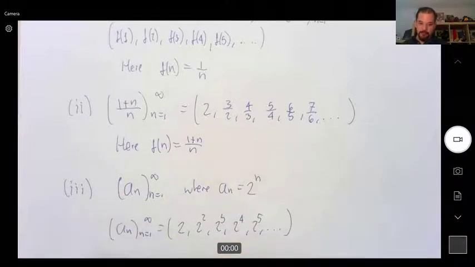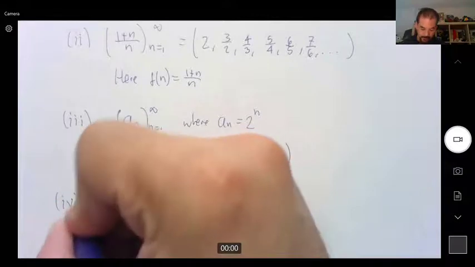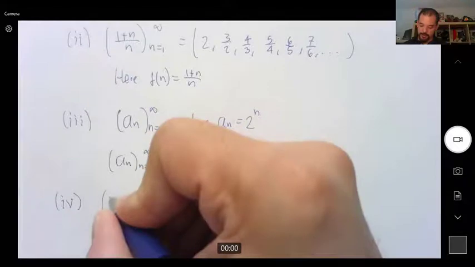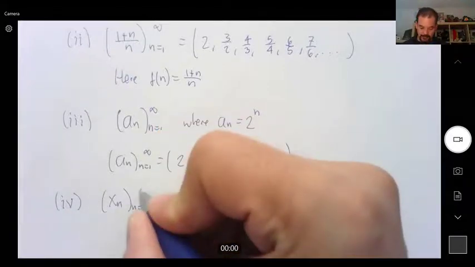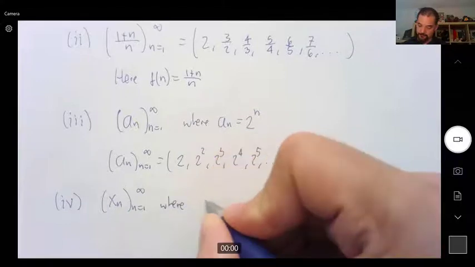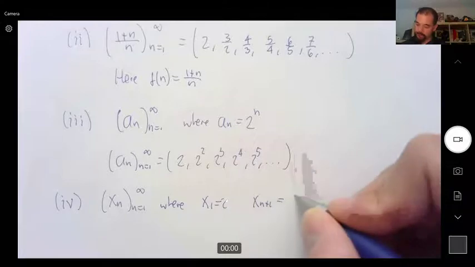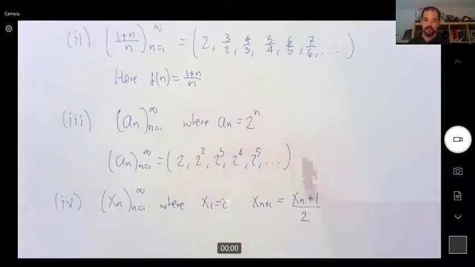And one last example. You can also define them in a recursive way. So you can say we have a sequence of x_n's, and this is how they work. The first one is 2, and the n plus 1 you get by taking the nth one, adding 1, and then dividing by 2.